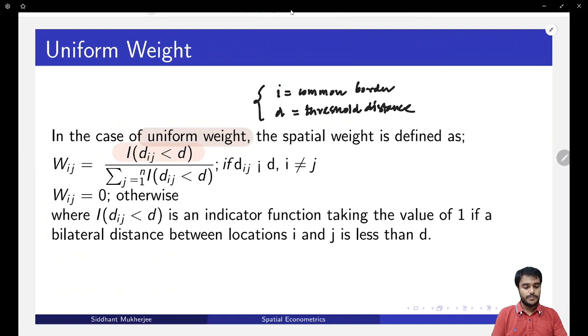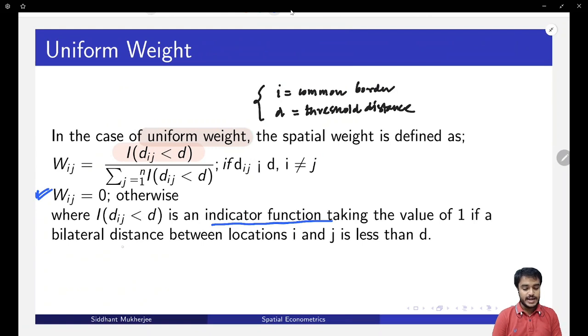The I of dij is called the indicator function. If the distance between two locations is more than d, then it takes 0.